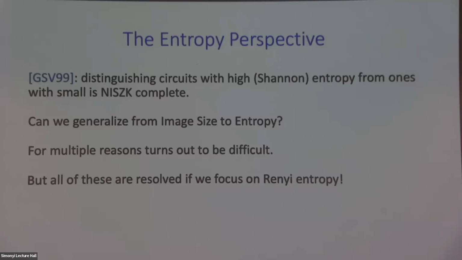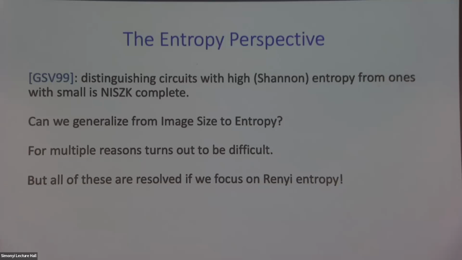So we started working with it. Shannon entropy turned out to be problematic for a lot of reasons. What we ended up working with, I'll try to explain briefly why, is that if instead of looking at Shannon entropy, you look at Renyi entropy, everything works out beautifully.